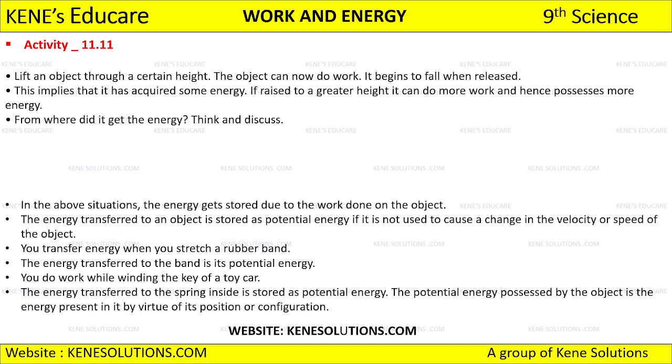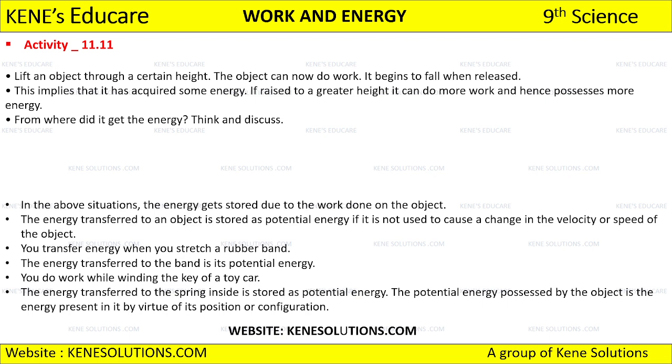So if you take it to more height, it can do more work. Okay, so if you want an object to do more work, it means you have to take it to a greater height. So in that case, the potential energy will get converted to kinetic energy.